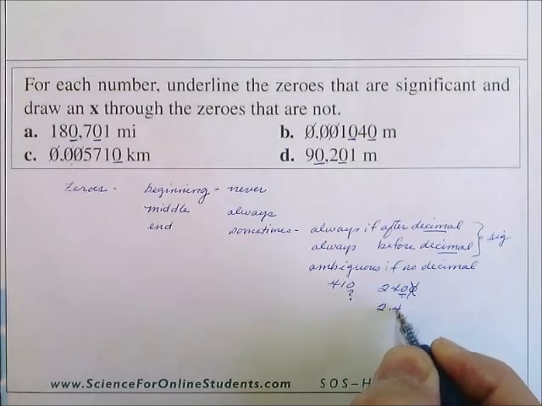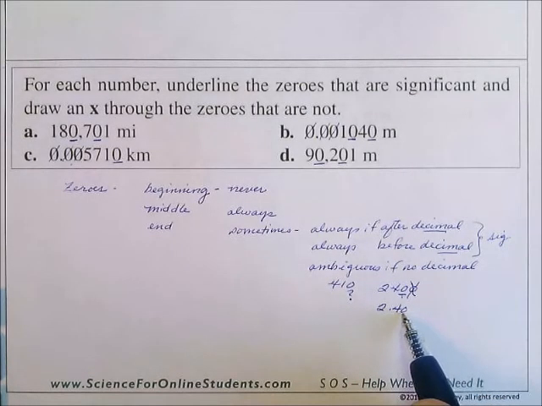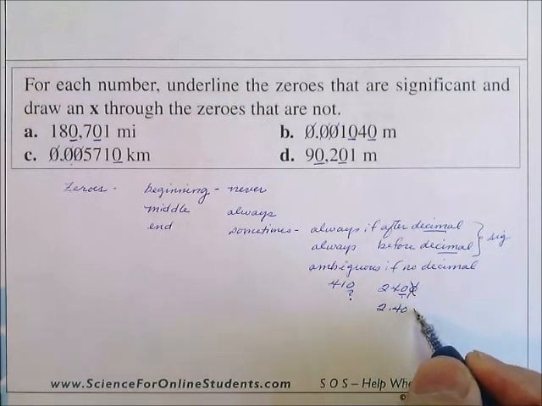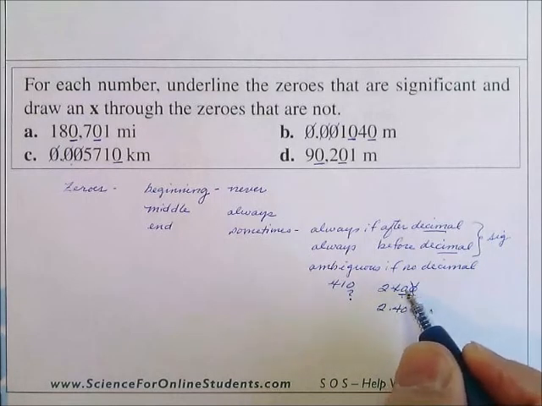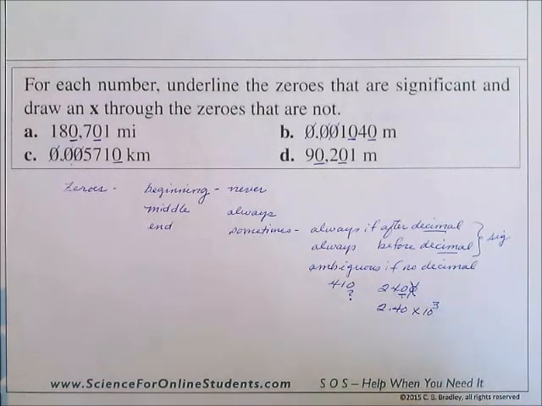So we would have 2.40, showing this one is significant and that one is not, times 10 to the third power. This is the only way to show the proper significance of the ending zeros.